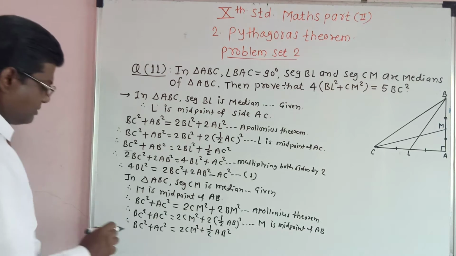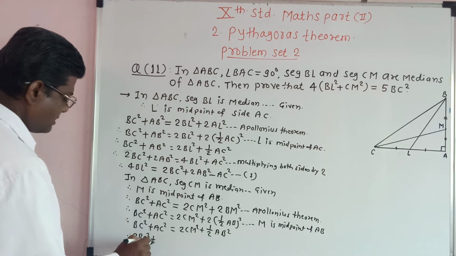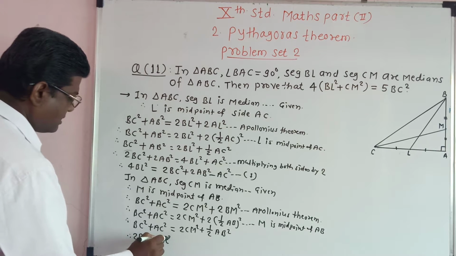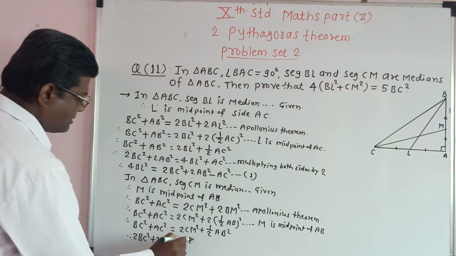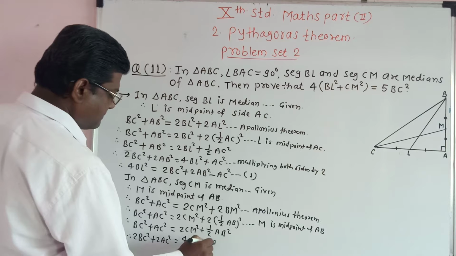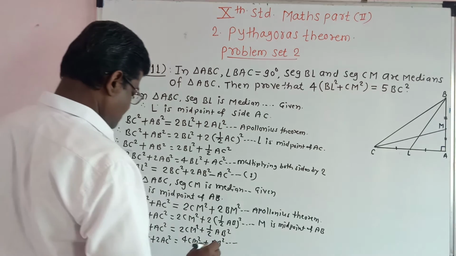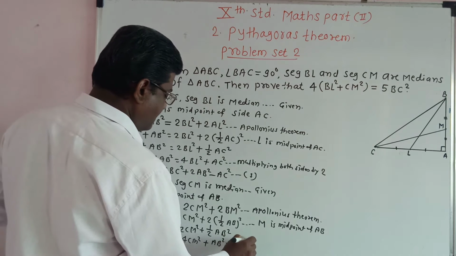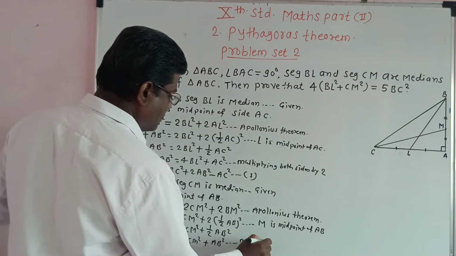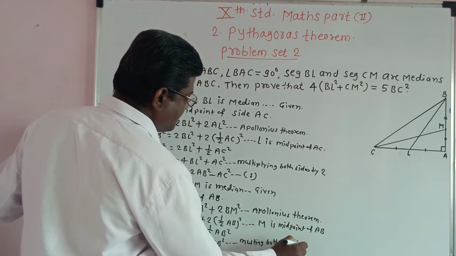Multiply both sides by 2. Therefore, 2BC square plus 2AC square is equal to 4CM square plus AB square. Multiplying both sides by 2.